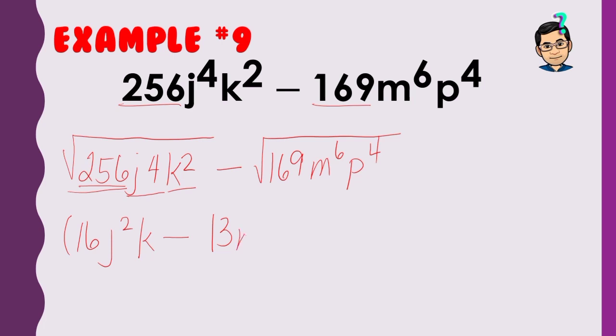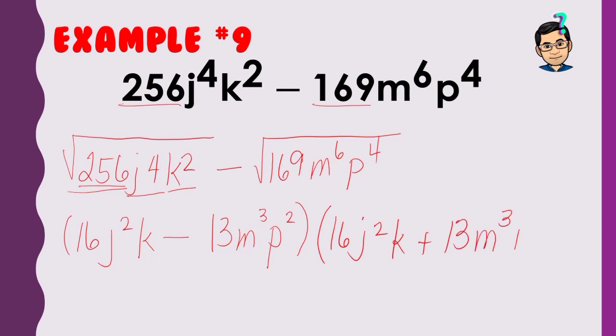So that is m cubed. P to the 4th power is p squared. So copy lang natin yung una nating sinulat. Palitan lang natin yung sign. 16j squared k plus 13 m cubed p squared. So this is our final answer.